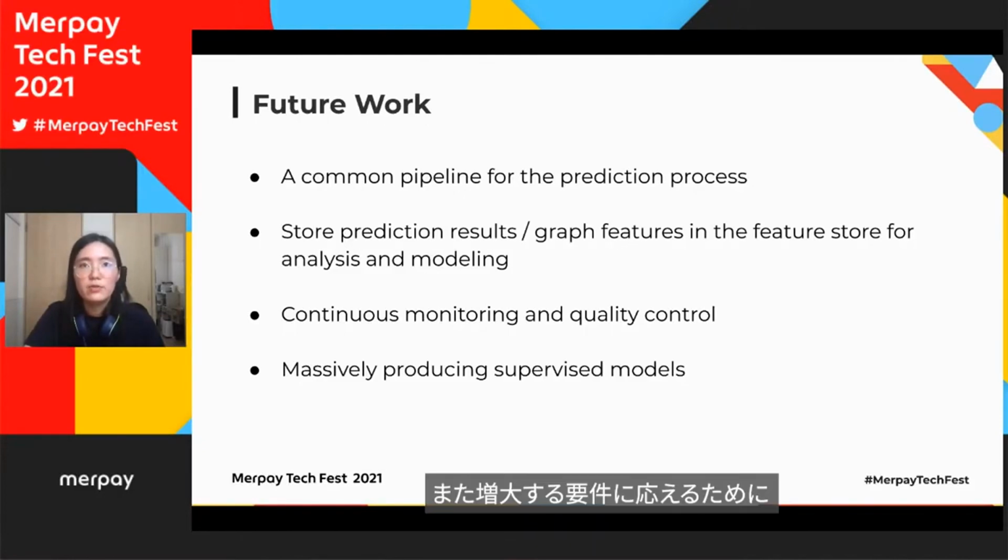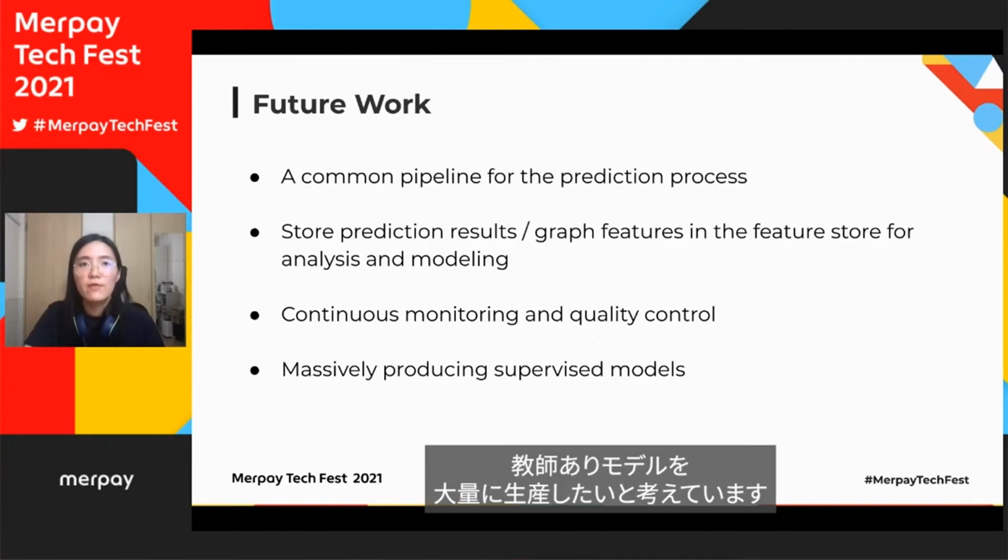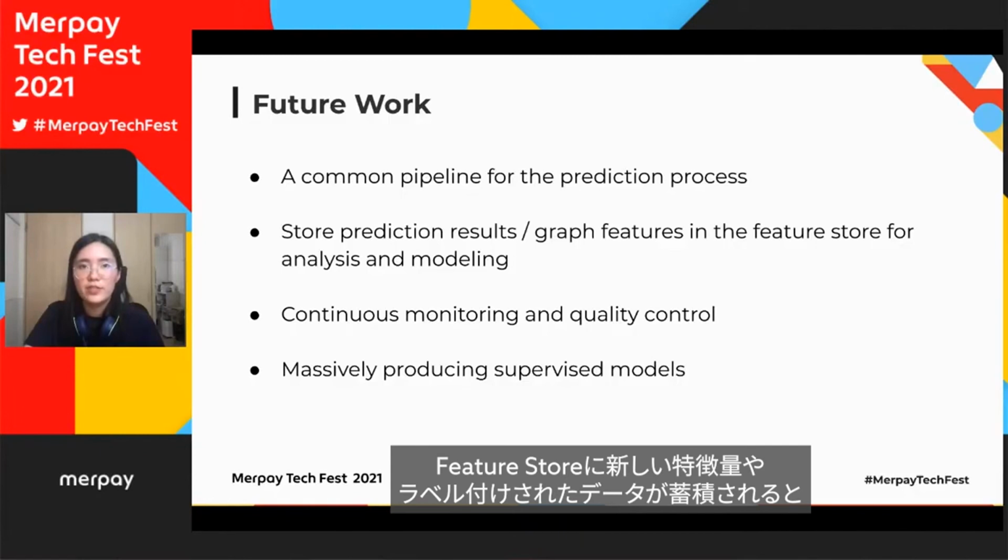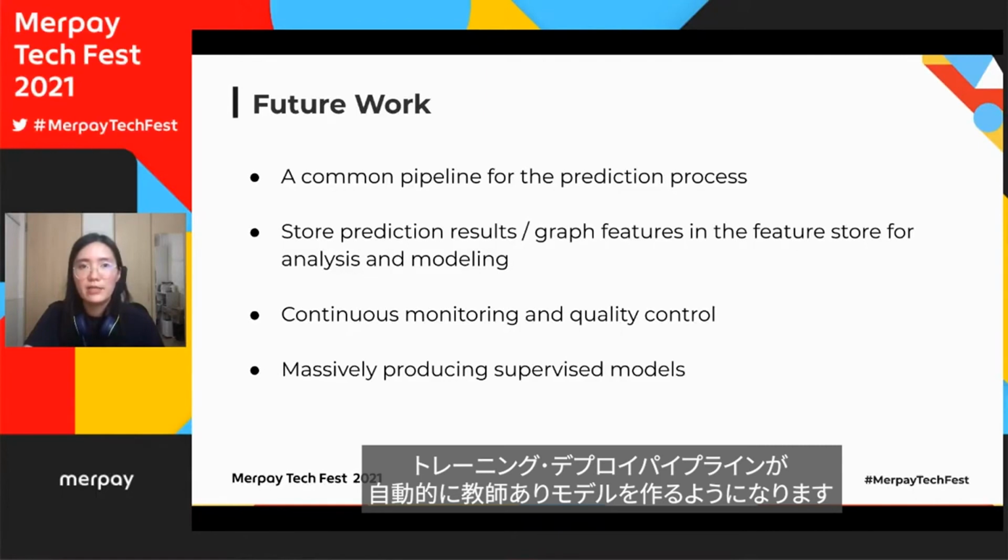And we also want to massively produce supervised models for growing requirements. Once we have new features or labeled data stored in the feature store, the training deploying pipelines will produce the supervised models automatically.